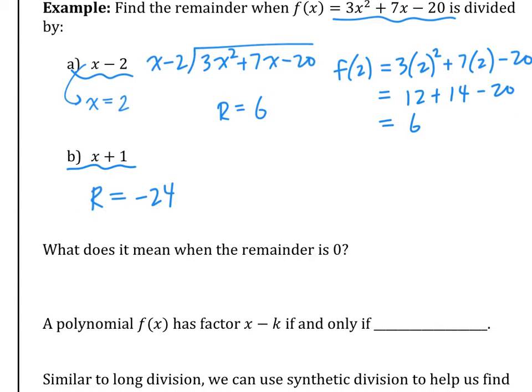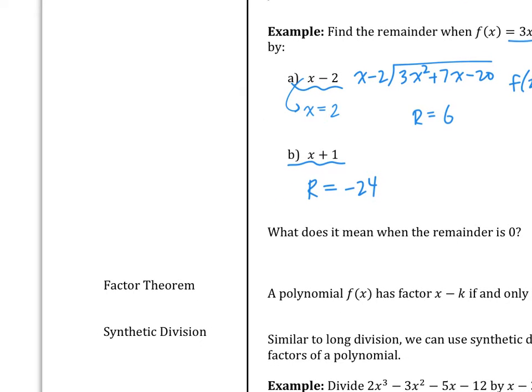Let's say for some reason you divide and you get a remainder of 0. What does it mean when you divide and you get a remainder of 0? So for example, if you take 10 and divide by 5, what do you get? What's the answer? 2. What's the remainder? 0. So what does that mean about the relationship between 10 and 5?